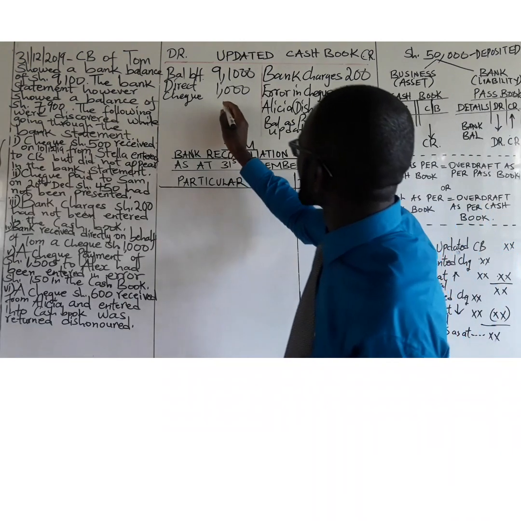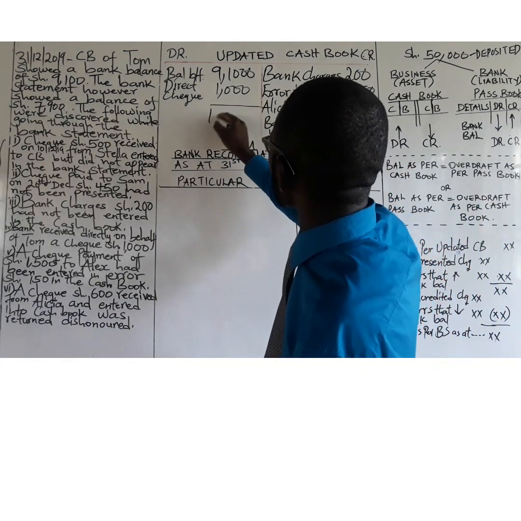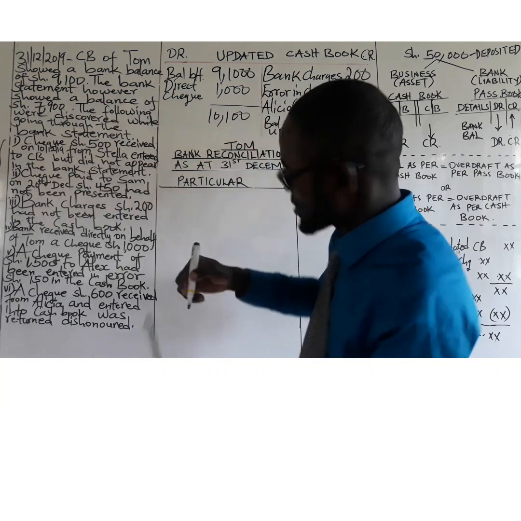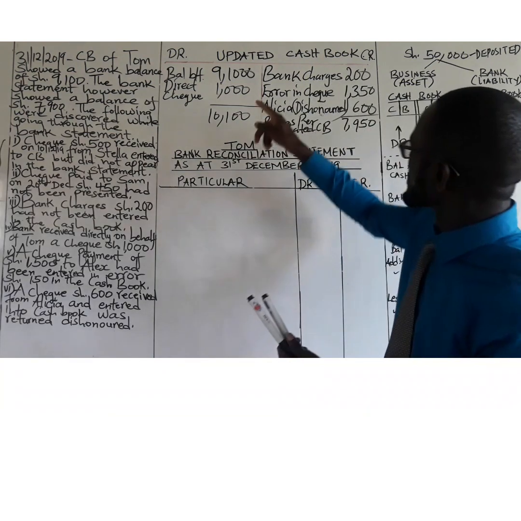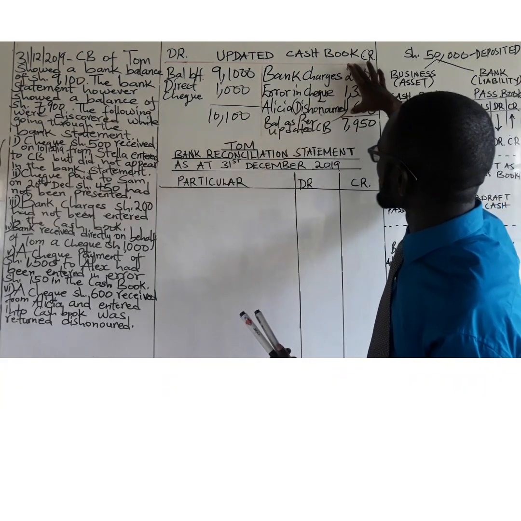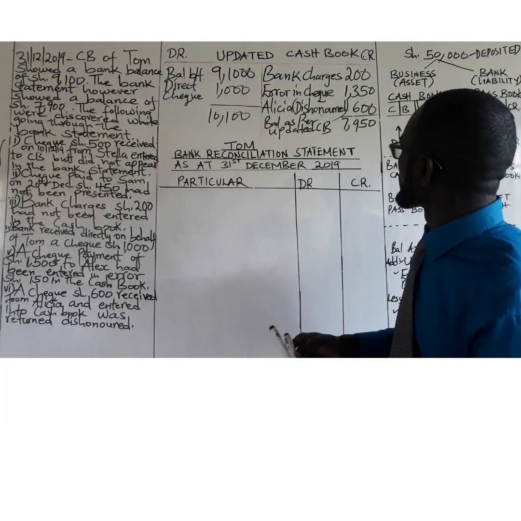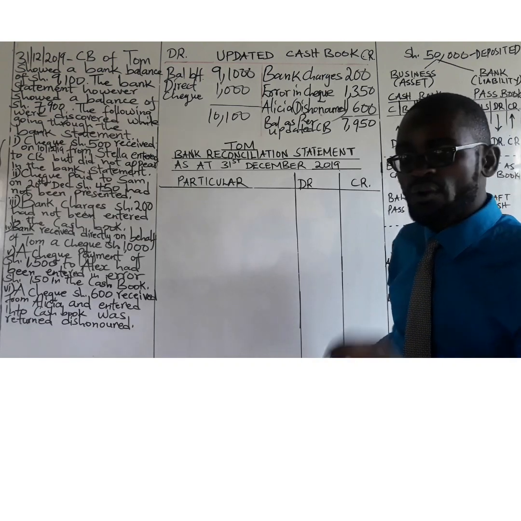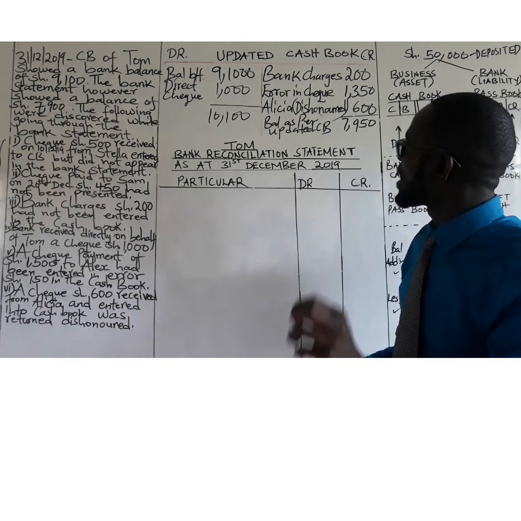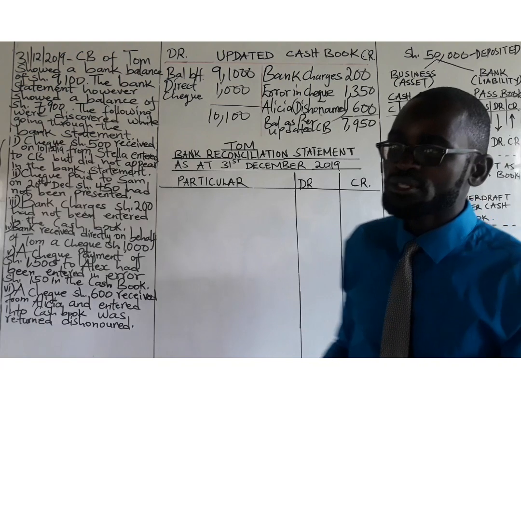Then of course we get the total here because that is what we were trying to calculate. Then we get the difference between the total of this one and this one. We get 7,950. Now here we have what is called the balance as per updated cash book.